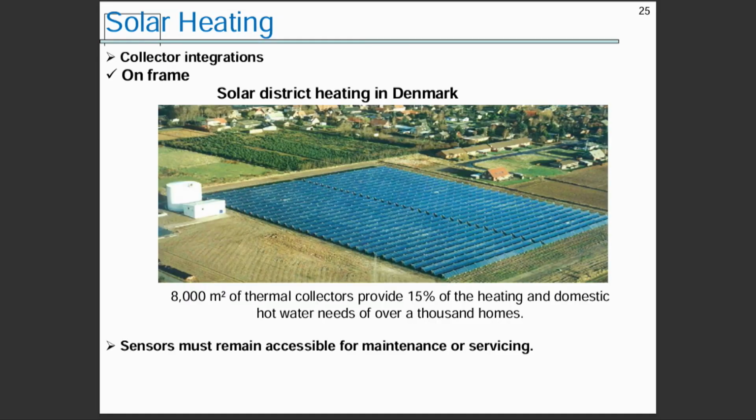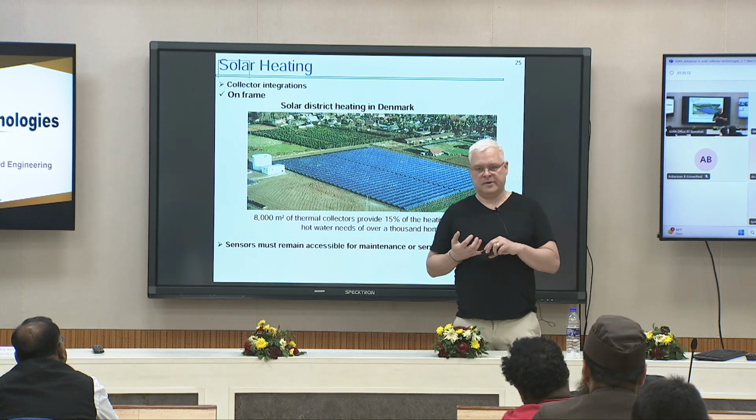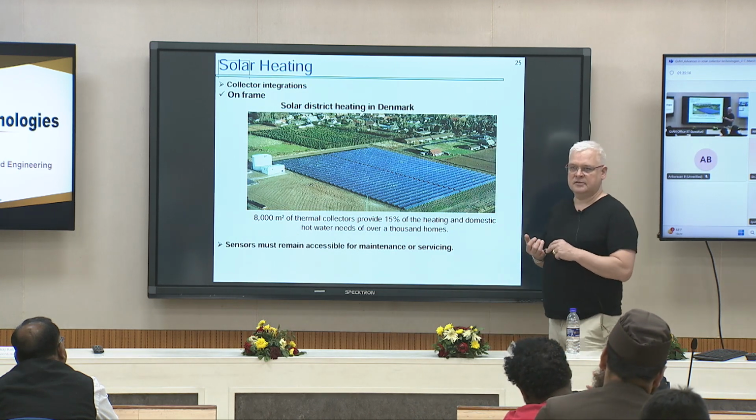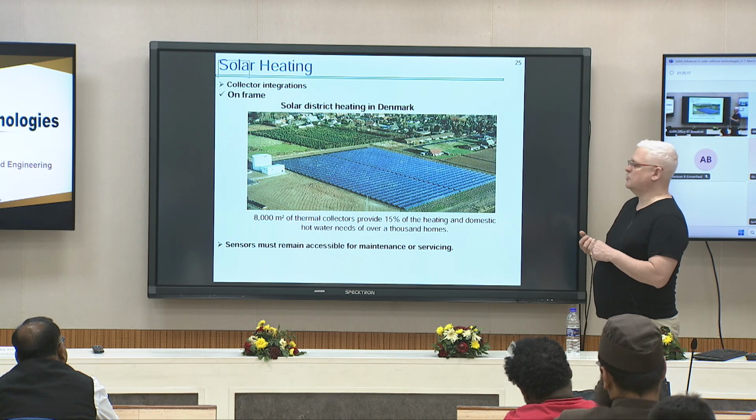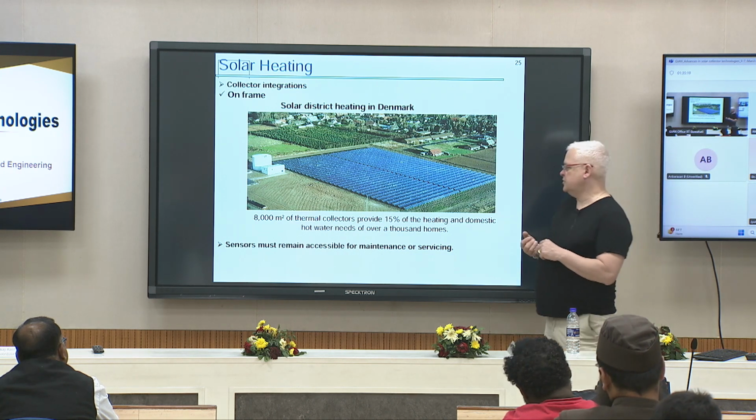At a bigger scale, the leader in big scale solar thermal production for coupling on the grid, solar thermal distribution, is Denmark. They have developed a lot of solar thermal and injection on the grid.